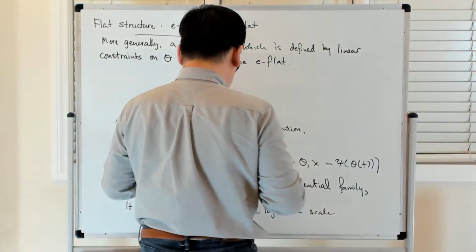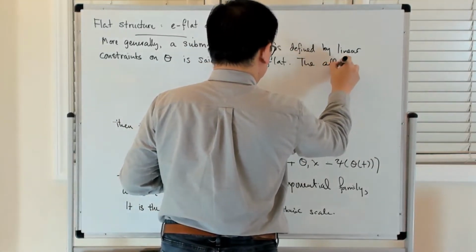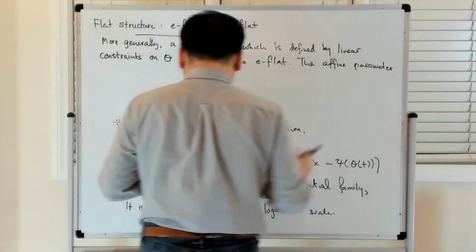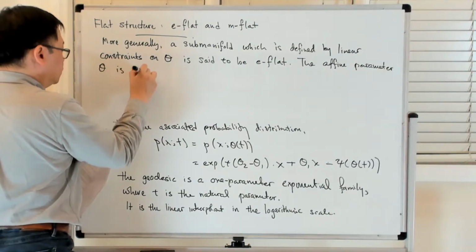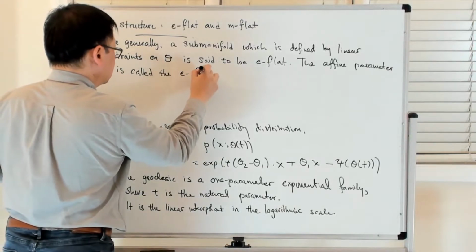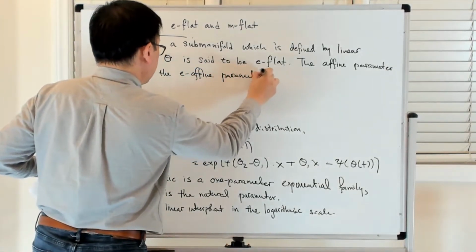And then the affine parameter theta is called the E affine parameter.